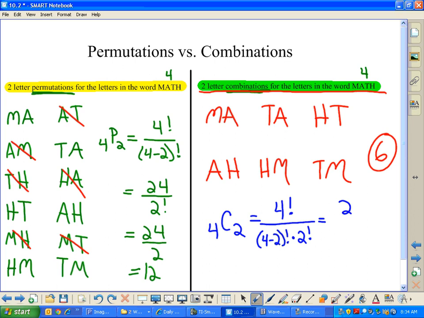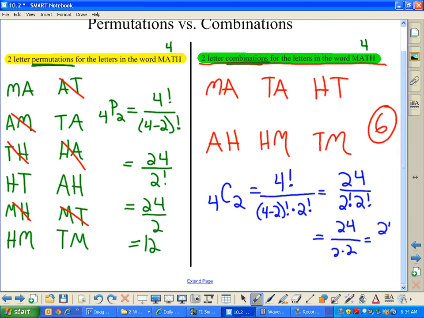So I have 24 over 4 minus 2, that's 2 factorial, and then times 2 factorial. I have 24 over 2 times 2, and 2 times 2, you know it well as 4. So how about it? I get 6 different 2-letter combinations for the letters in the word math.